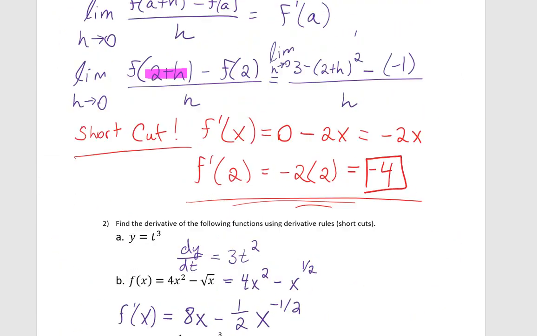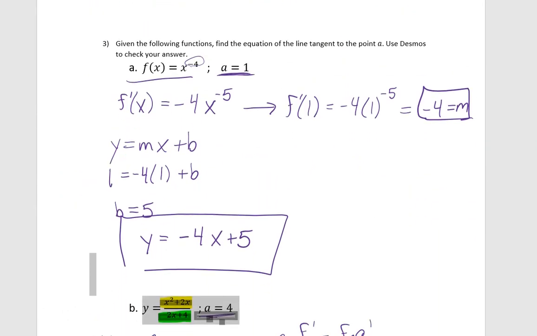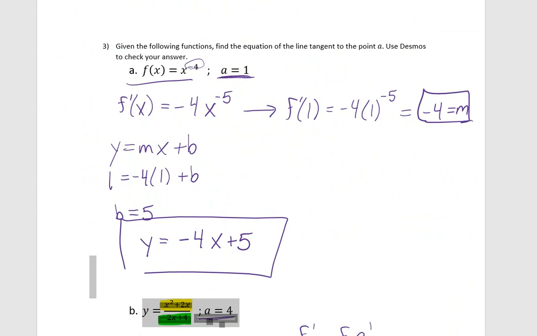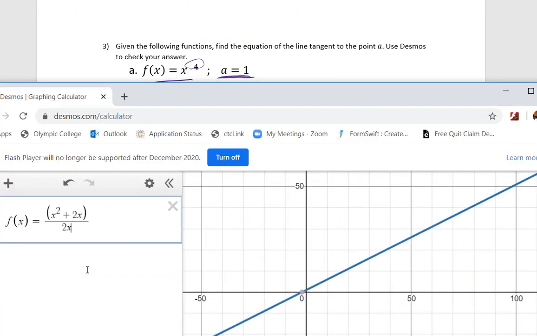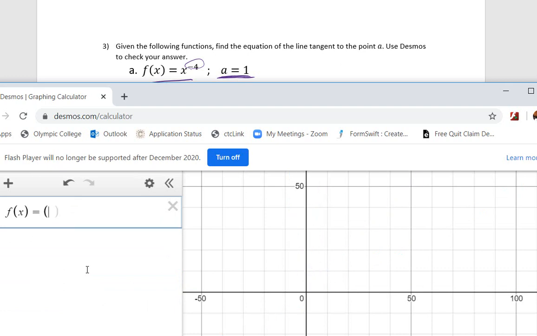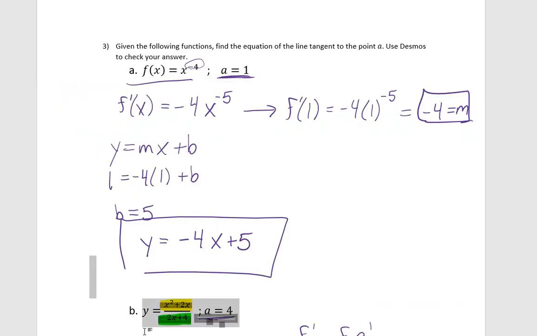All right, and let's check the very last one. So the very last one that we wanted to check was x to the negative 4th. And the equation we had for our tangent line was y equals negative 4x plus 5.